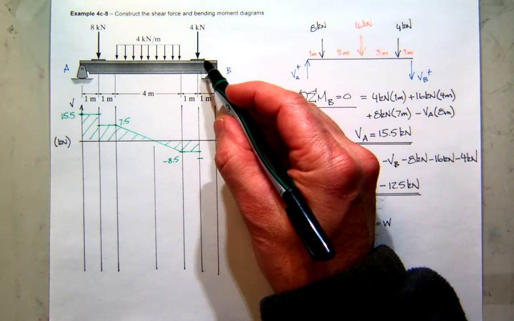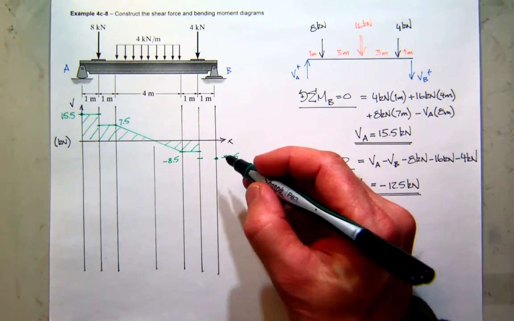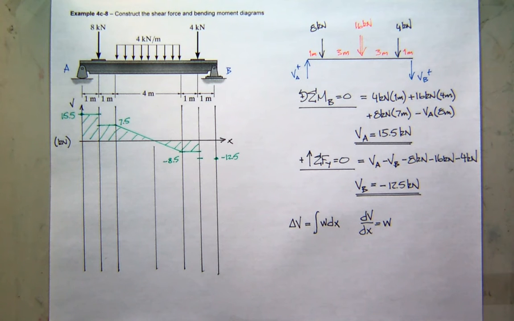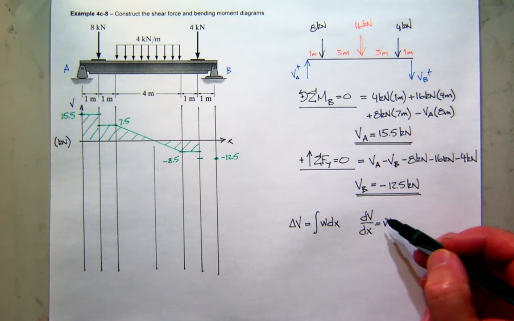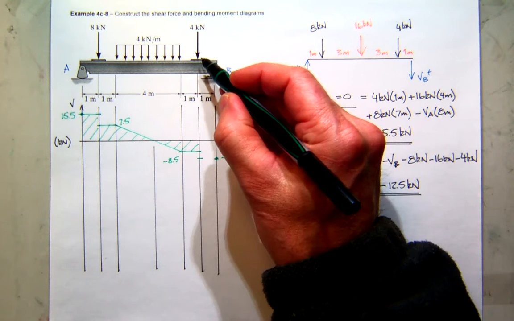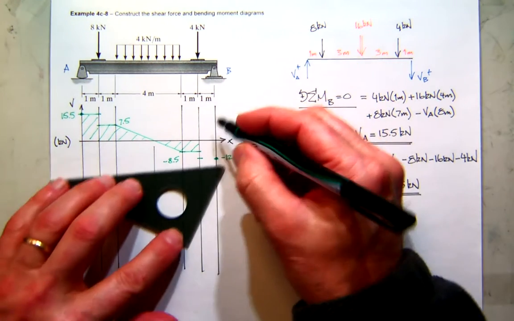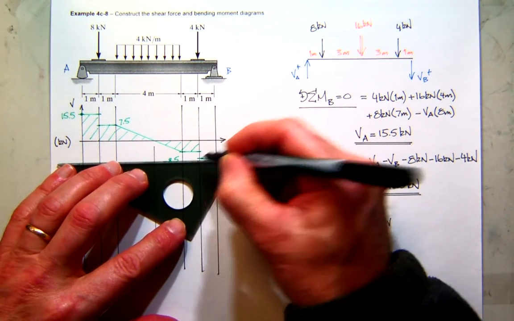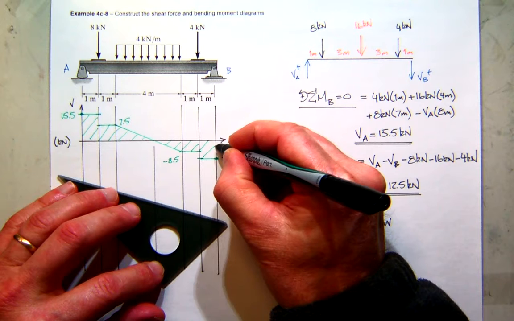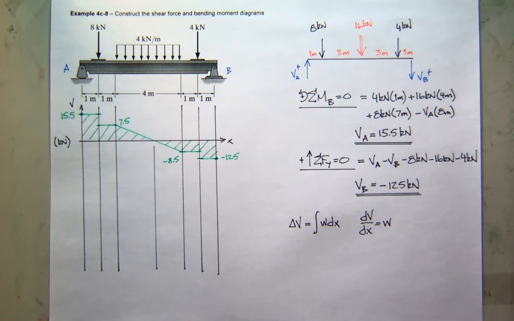And of course, the area in the load curve here is 0, so no change. Yay! We found our way. We made 12.5. And the slope is equal to the load, and the load is 0, so 0 slope, horizontal line, and there's your shear diagram. What's the maximum shear in the beam? Positive or negative? Positive.